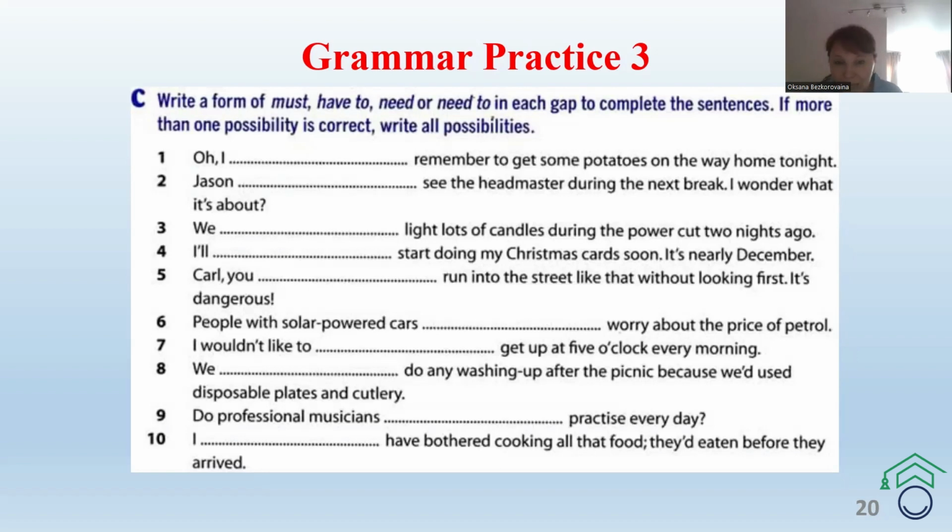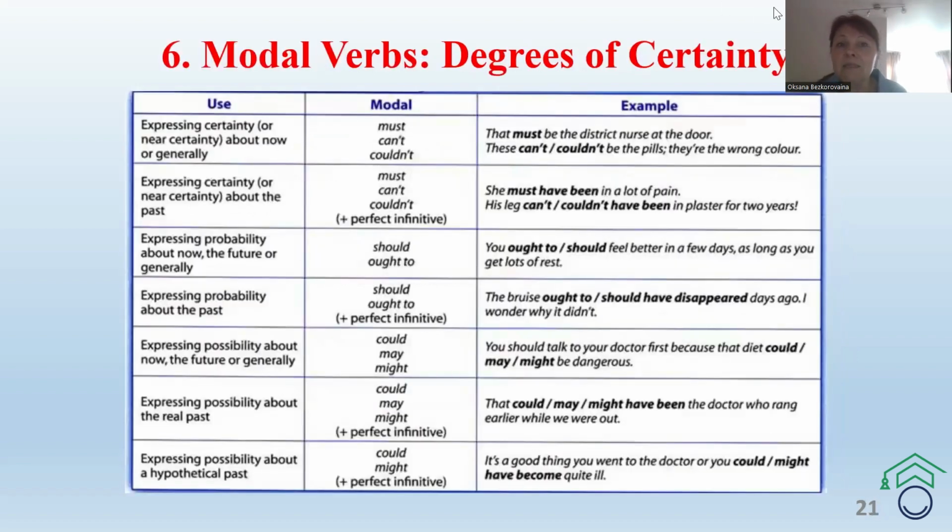Okay, so the next additional meaning is degrees of certainty. Ступені впевненості, так? We use must, can't, or couldn't to express certainty or near certainty about now or in general. I'm certain means I'm 100% certain that things are like they are.